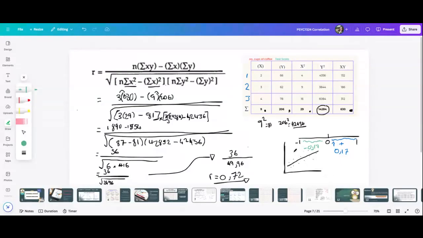And the graph would look more like that. It would go down the other way. And it would mean that as the number of coffee cups increases, the test scores would decrease. And I mean, there's an argument for either of these things, so it makes sense.